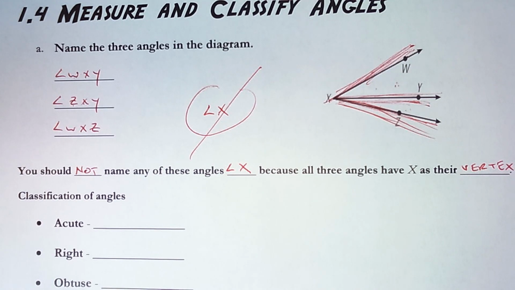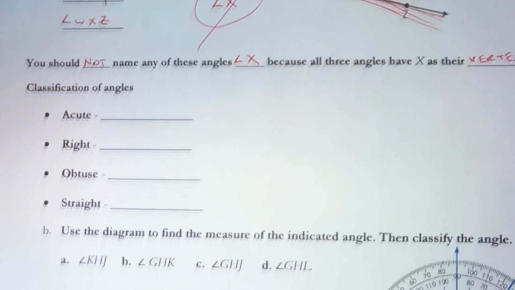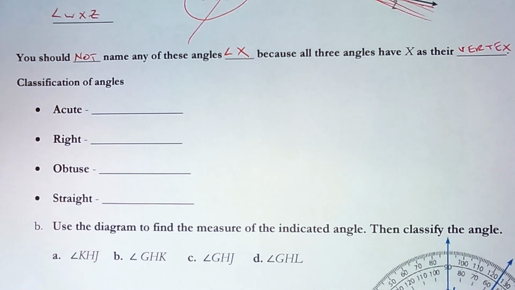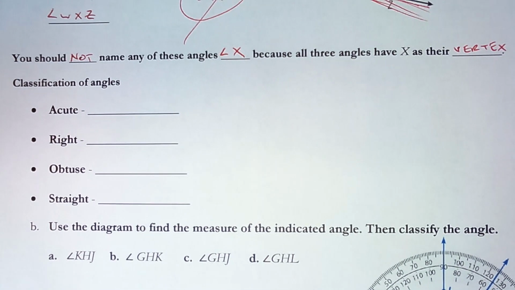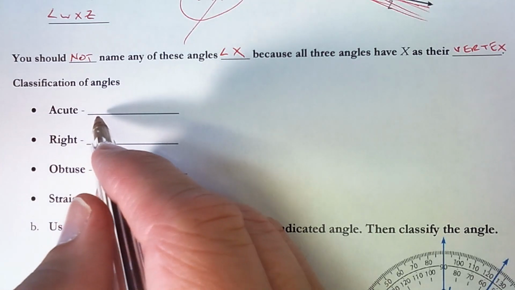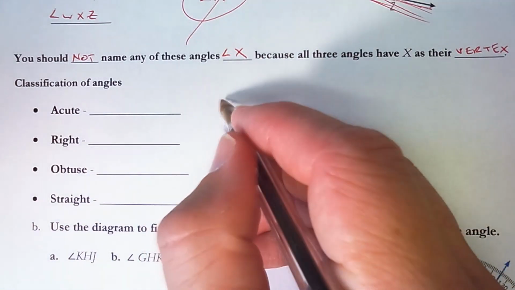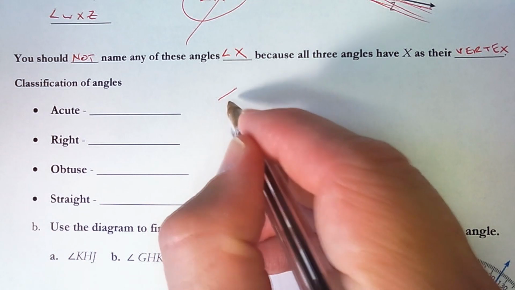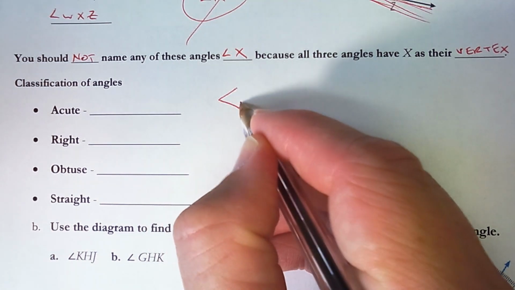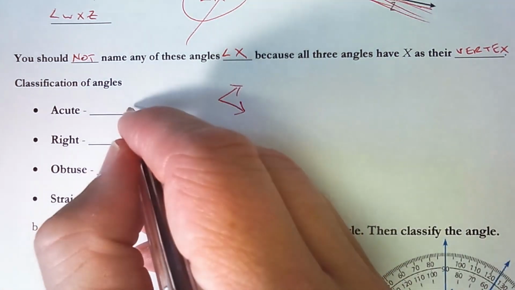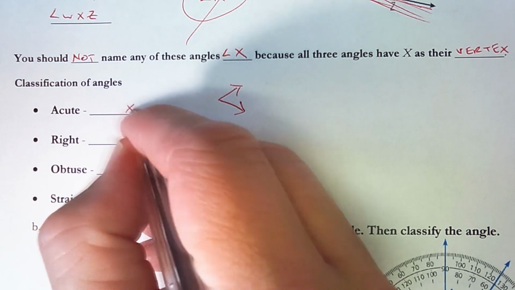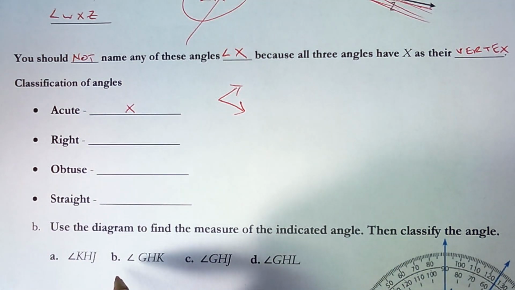Okay, now let's talk about classifying angles. There are 4 different classifications we are going to talk about. The first one is acute. An acute angle, that's all we've even looked at so far is acute angles. Acute angles can look like this. They are angles whose measure, and we'll call that measure x, are between 0 and 90.